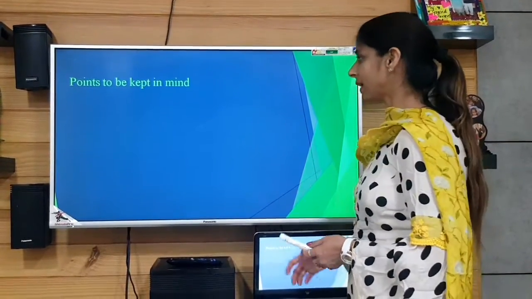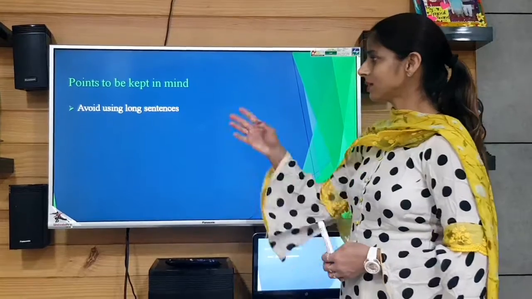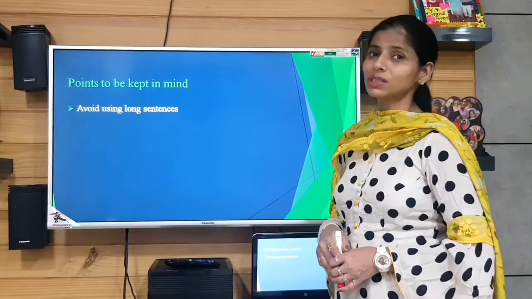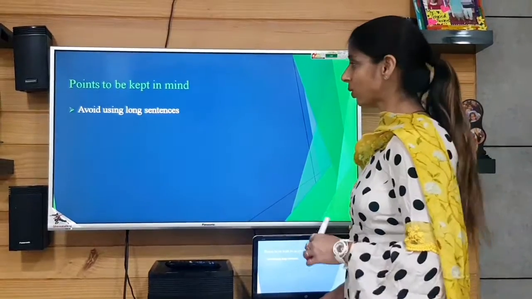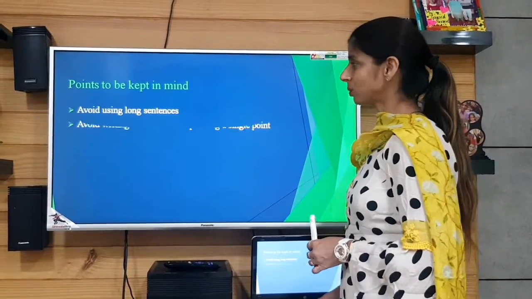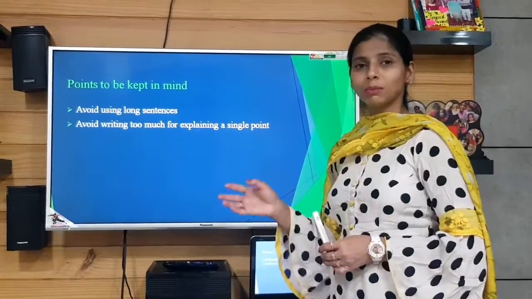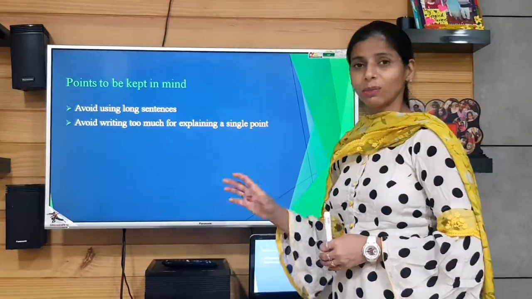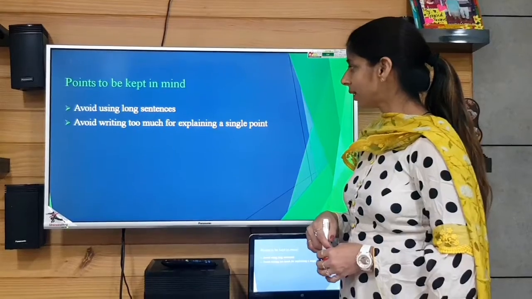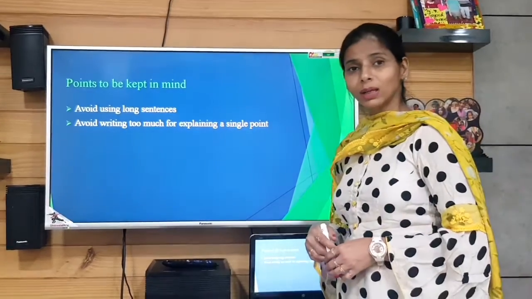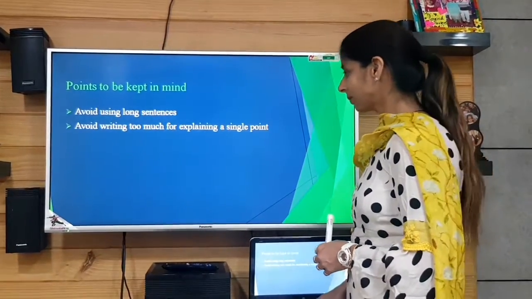Now we have other points too, that is, avoid using long sentences. Make shorter ones. That is, don't make compound sentences and then complex ones. Then avoid writing too much for explaining a single point, right?